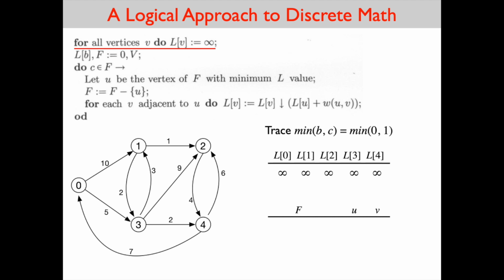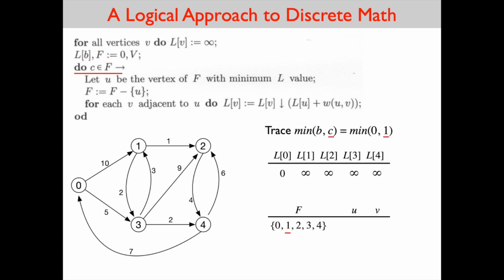Then the second statement says L sub B comma F gets 0 comma V. The value of B is 0, so this statement sets L sub B to 0. You see L sub 0 gets 0. It used to be infinity, now it's 0. And the set F gets the set of all the vertices. So you see the set F is the set of vertices 0, 1, 2, 3, and 4.